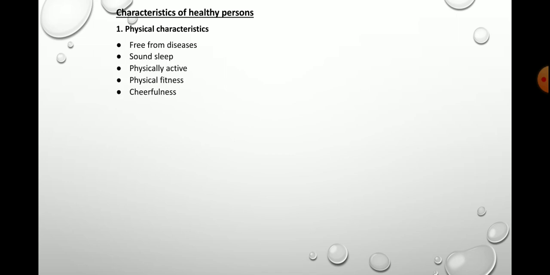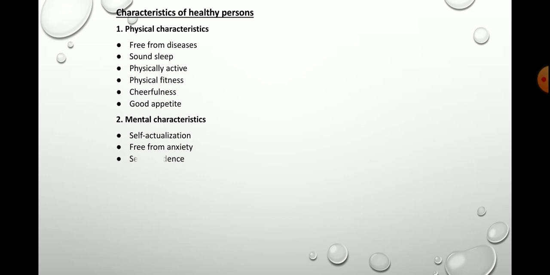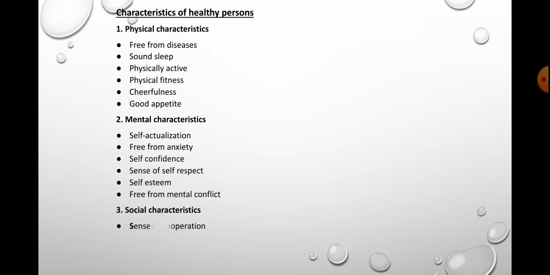Next, we have discussed the different physical and mental characteristics of a healthy person. So you can pause the video now and read about these things: what are the physical characteristics, the mental characteristics, the social characteristics. Just pause the video and see, this is important for MCQ. Now we can go forward.